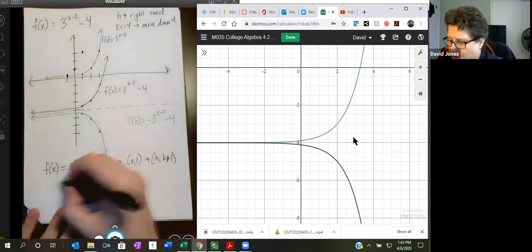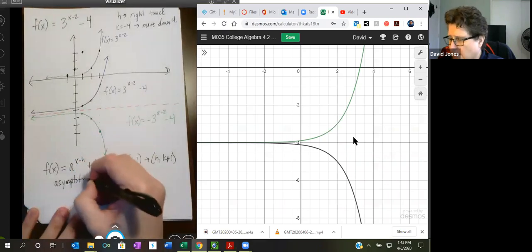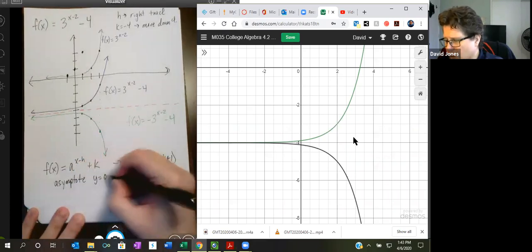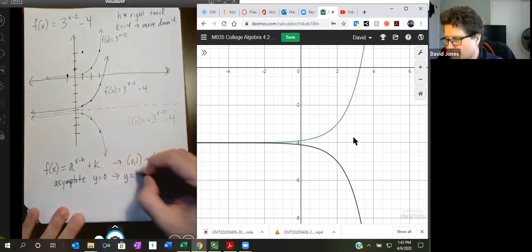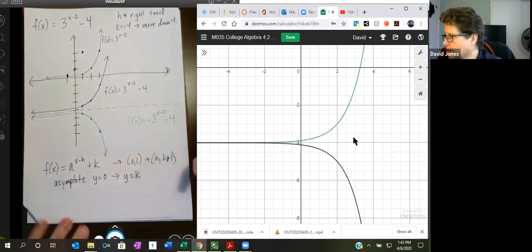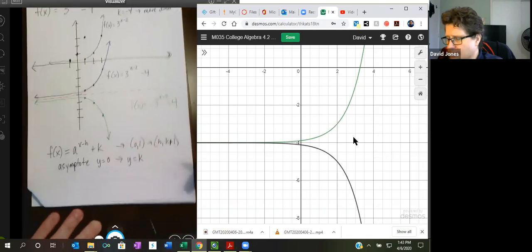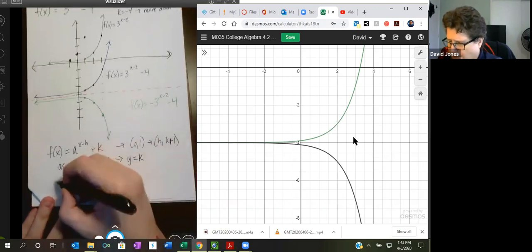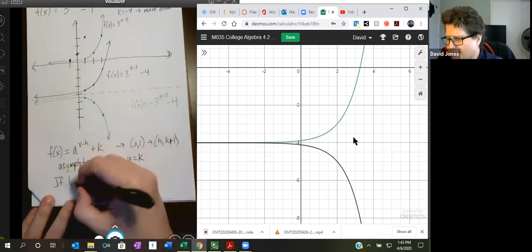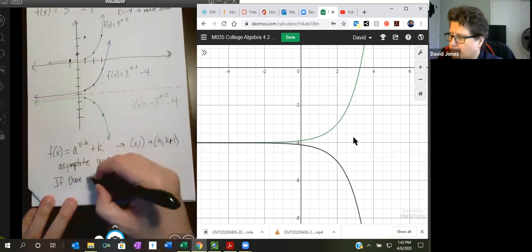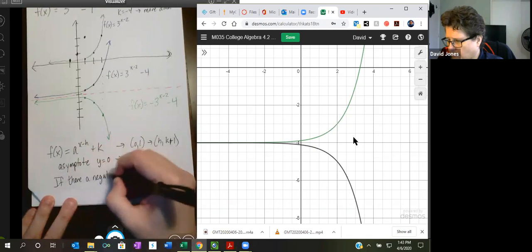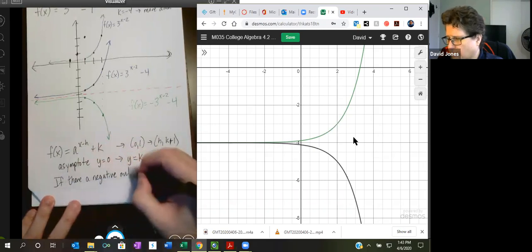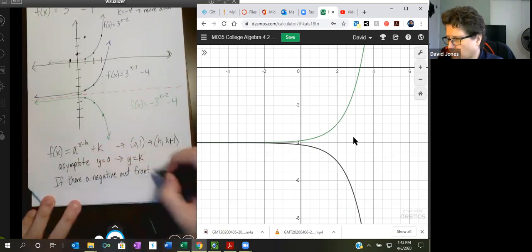The asymptote goes from y equals 0 to y equals k. And if there's a negative out front, reflect it across the asymptote.